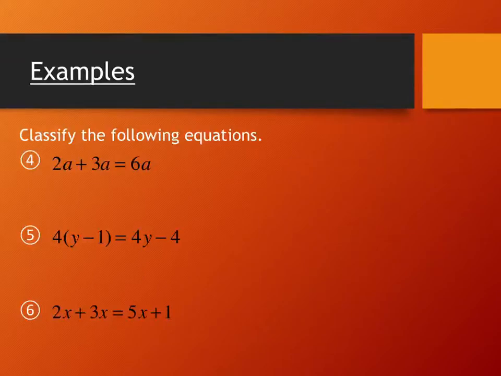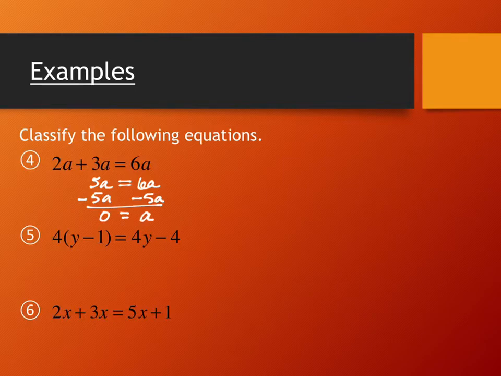So we're going to solve them much like we did before. On the left-hand side, the 2a plus 3a gives me 5a equals 6a. They're not the same on both sides, right? I mean, 5a equals 6a is definitely not the exact same value. It's not 5a equals 5a, it's 5a equals 6a. So we're going to move them from one side to the other. On the left, I get 0, and on the right, I get a.